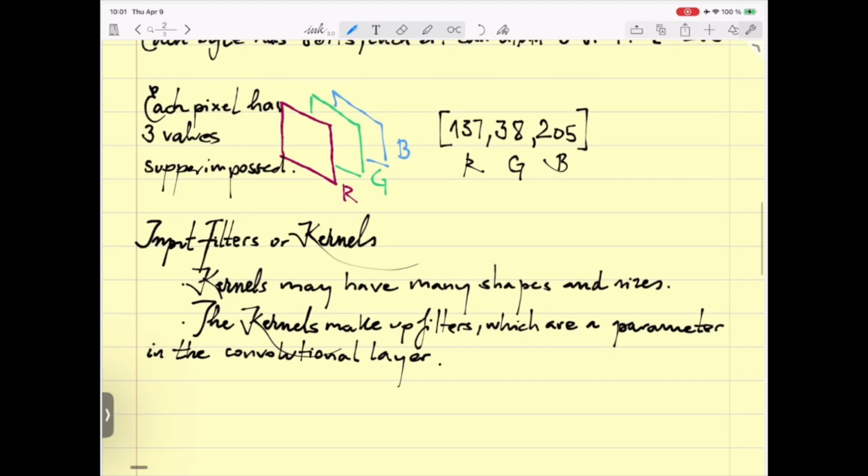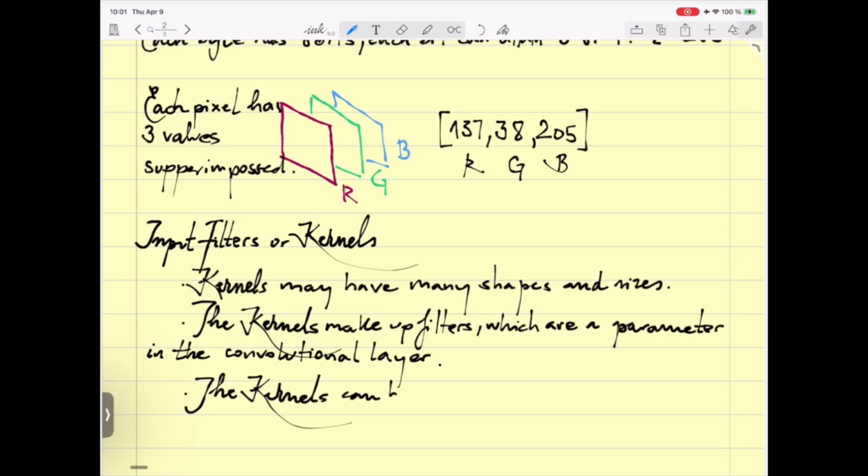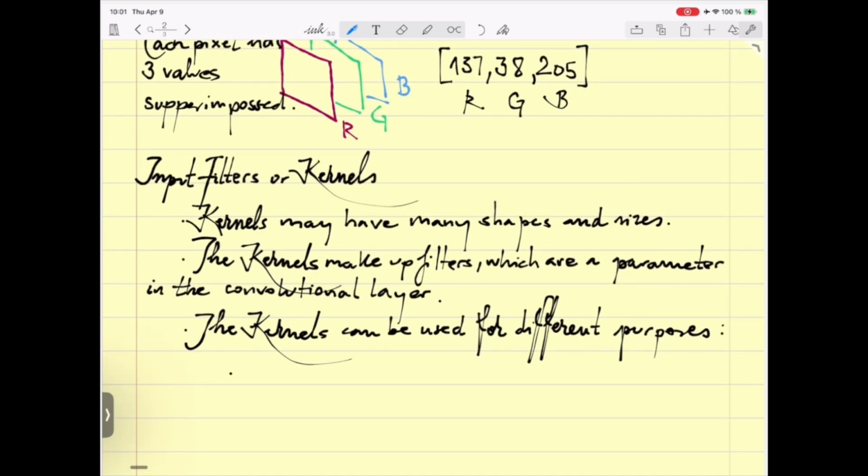Okay, the kernels can be used for different purposes, like you can use kernels to perform edge recognition.